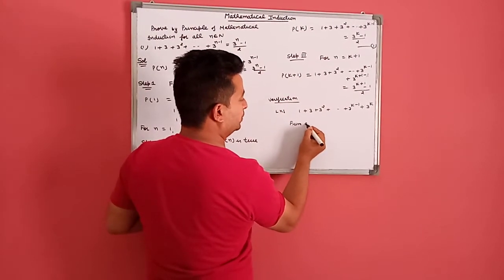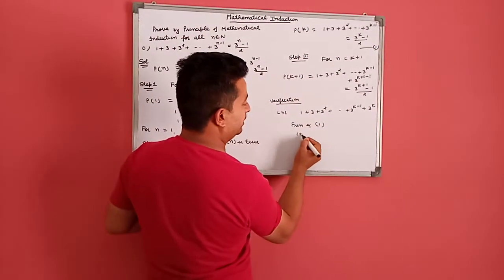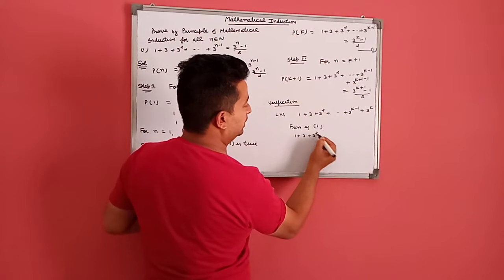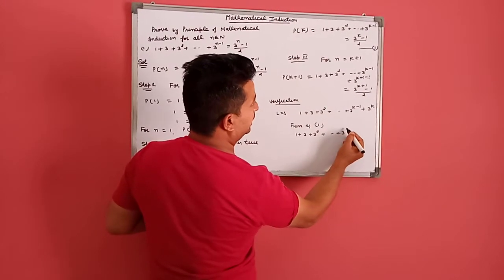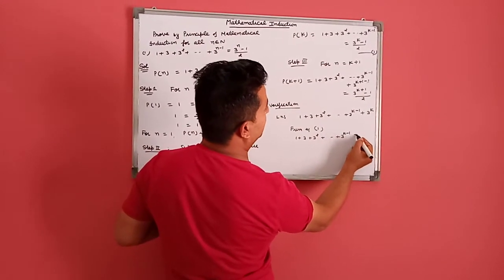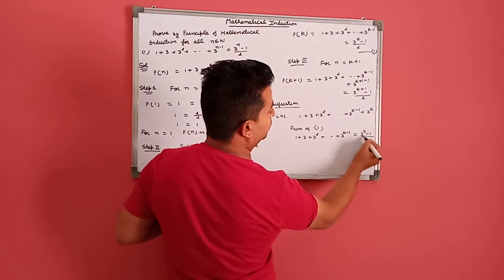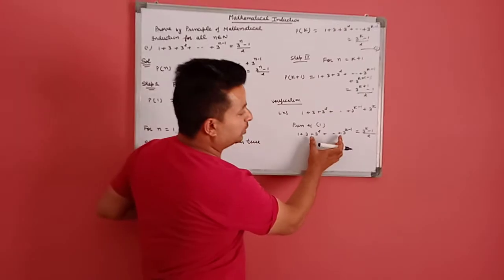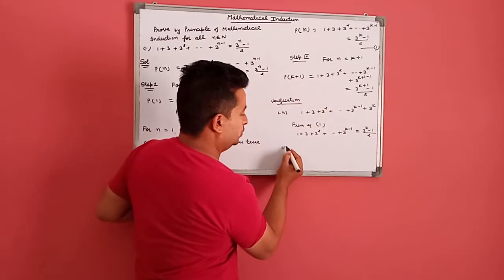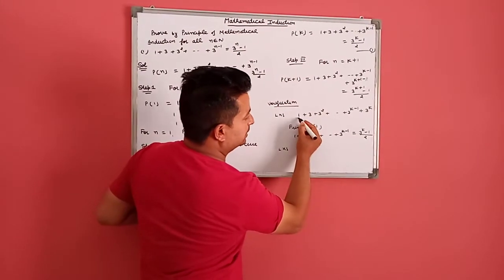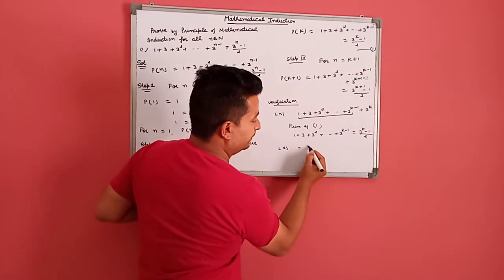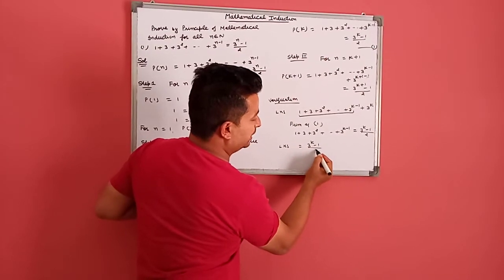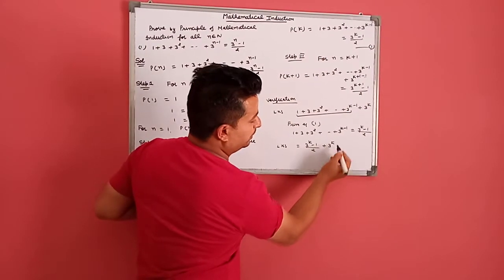From equation 1, 1 plus 3 square, 3 power k minus 1 is equal to this whole expression. We put this value here.